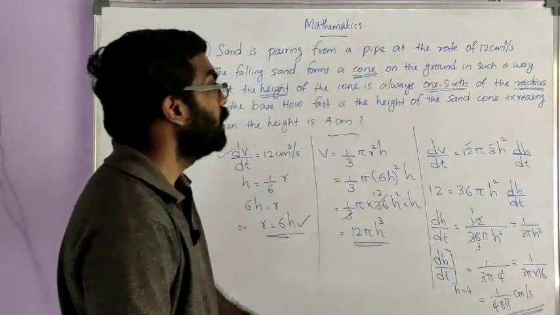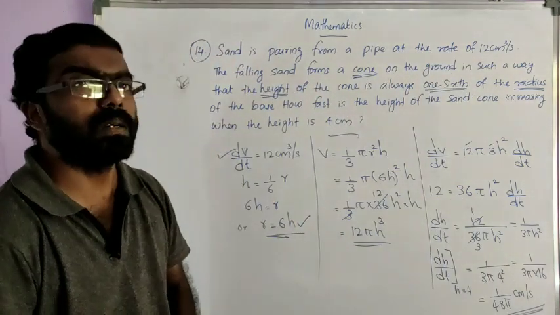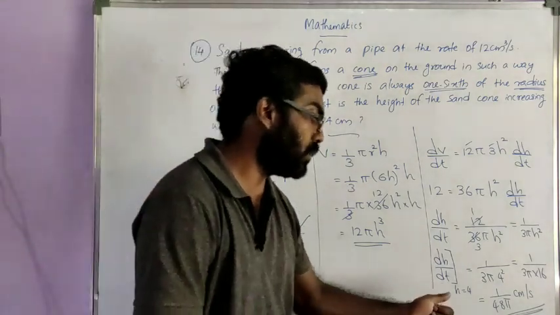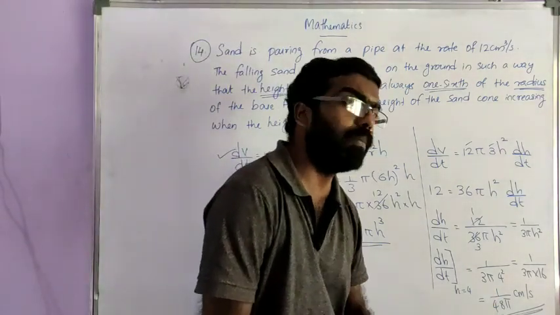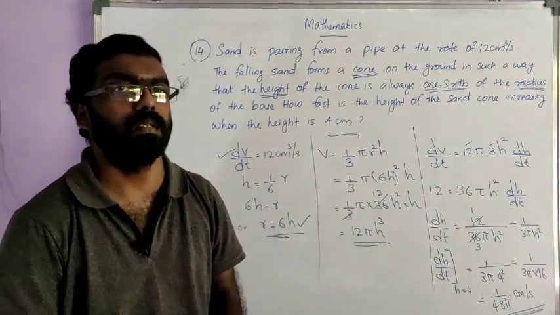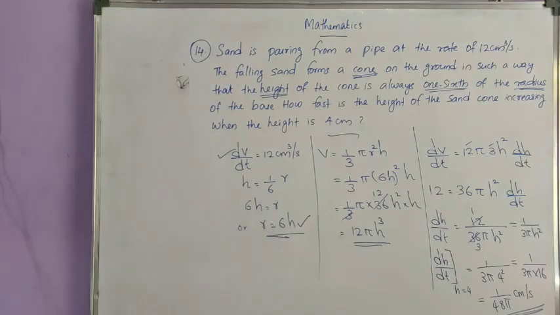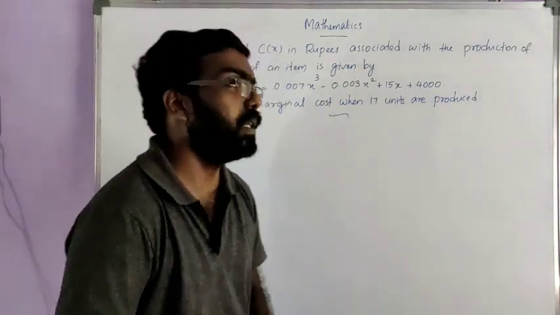So the height of the sand cone is increasing at the rate of 1 by 48 pi centimeter per second. Clear? Now we move on to question number 15.